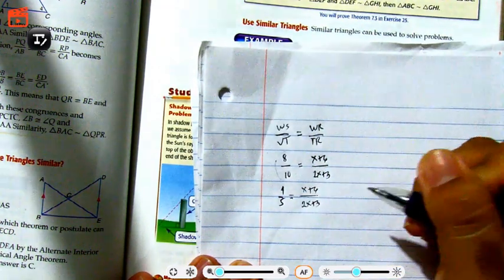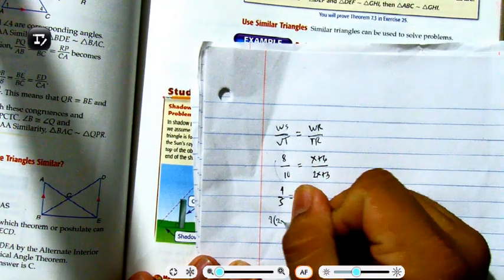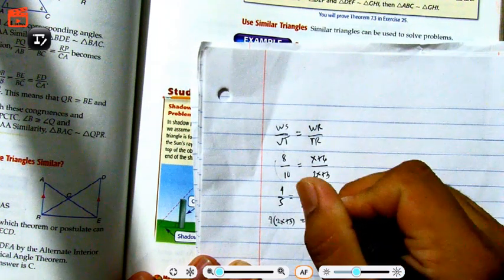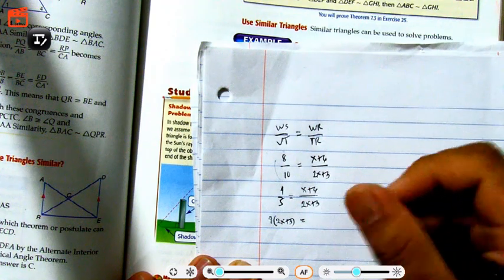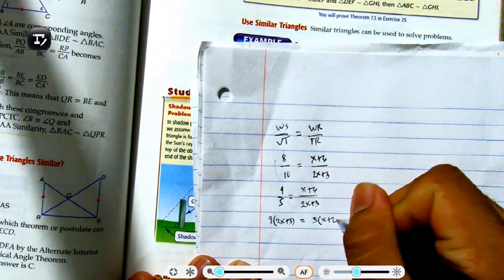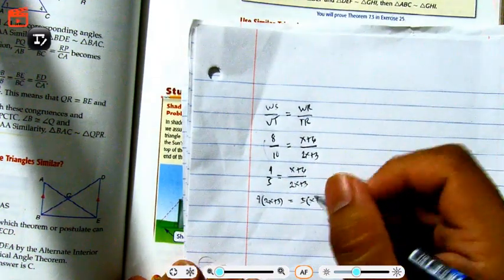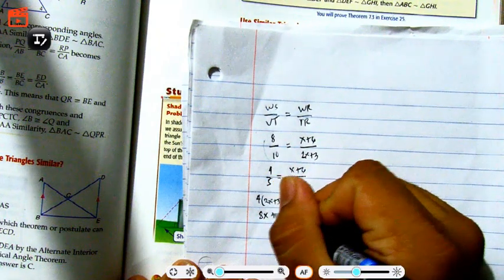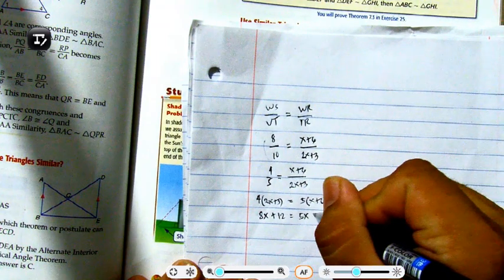Cross product. So 4, move the 2x plus 3 here, equals, move the 5 to the other side, but since there's two terms here, you have to enclose this in a pair of parentheses. So that is 5 times (x plus 6). So that gives us, by distributive property, 8x plus 12 equals 5x plus 30.